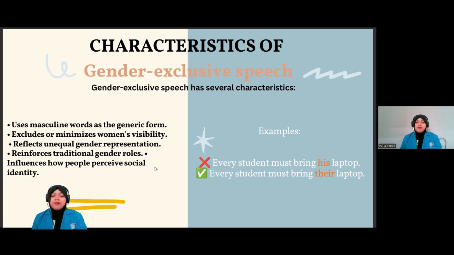For example, the wrong one: every student must bring his laptop. But the truth is, every student must bring their laptop. Because in the class, it's not men only, but there are women too. So, more precisely, using their.